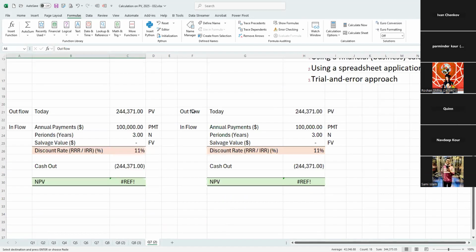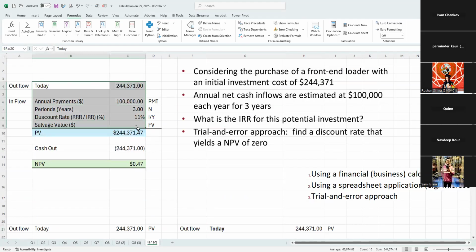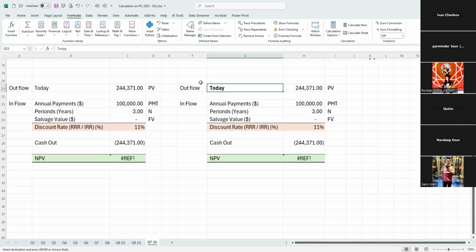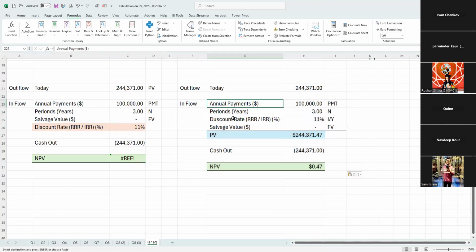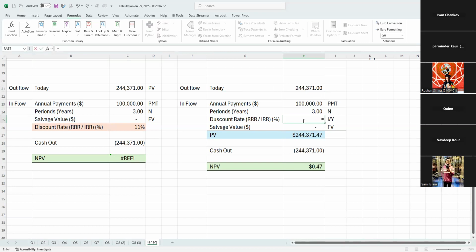So Control C. This is my calculation now. So I have my initial investment. I have the annual payments. I have 3 years. Now the discount rate, what I'm going to do is get this discount rate exactly from here. And if I use the discount rate that I just calculated, it's going to give me net present value here. Make sense?